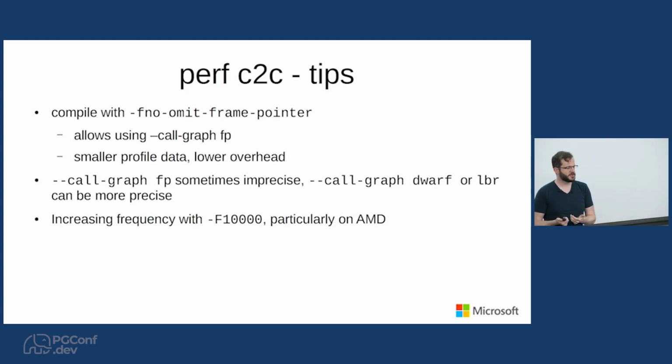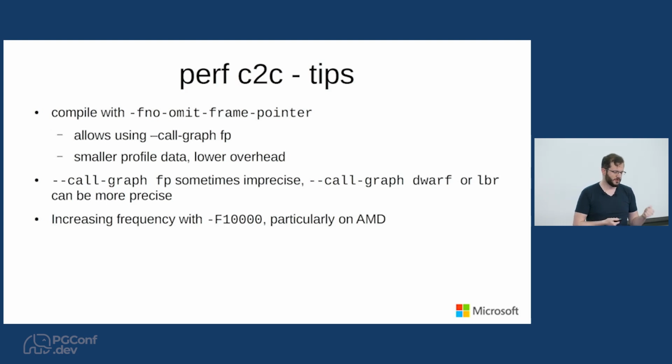Some tips for using perf c2c: it's generally best to compile your binary with -fno-omit-frame-pointer, which allows you to use --call-graph fp, which stands for frame pointer, because the profile files are just much, much smaller. You can use dwarf, and it will be very accurate, but instead of a 40 megabyte file, you will have a 12 gigabyte file on a bigger machine. And that turns out to actually slow down things quite considerably.